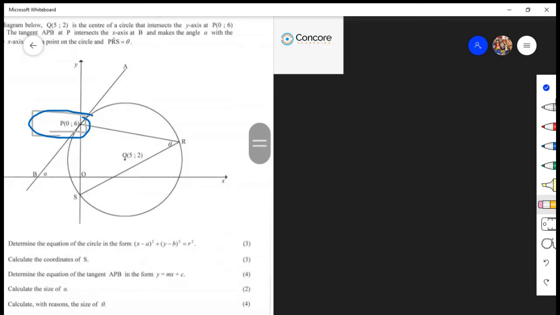So the next question is calculate the size of alpha, right?